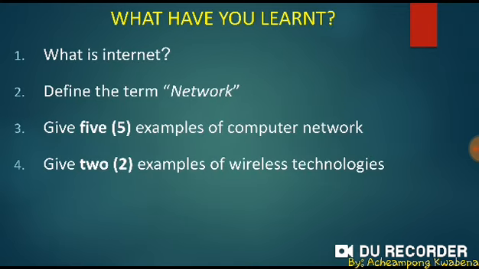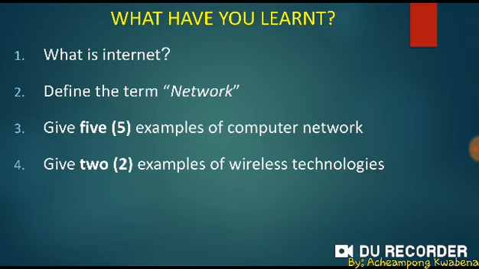So the first question is, what is internet? So you define what an internet is. Then question 2, define the term network. So here too, you define what a network is. Then 3, you give 5 examples of computer network.